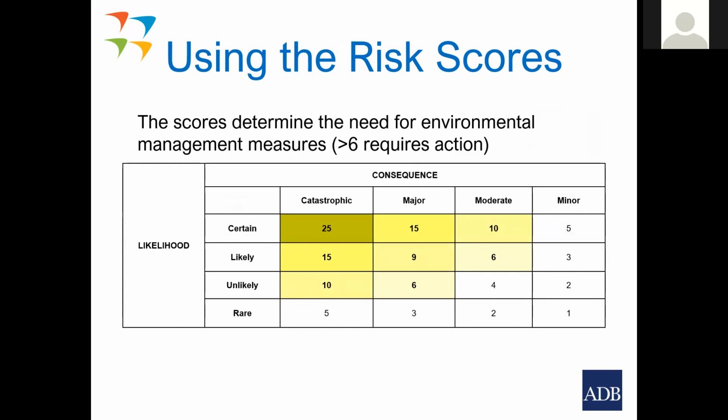As a rule of thumb, we say that any score of 6 or greater will require some degree of mitigation, but any score below 6 is relatively minor and would not necessarily require mitigation, or just standard good construction practice. But anything getting up above 6, then you need to start thinking about specific mitigation measures to reduce that impact.